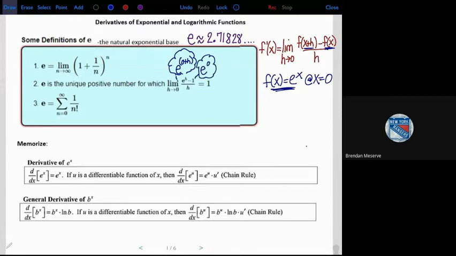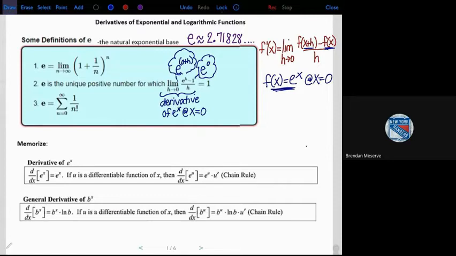And so here's where I'm saying that e is unique: this is really asking me for the derivative of e to the x at x equals 0. The derivative is equal to 1, and so is its y value.